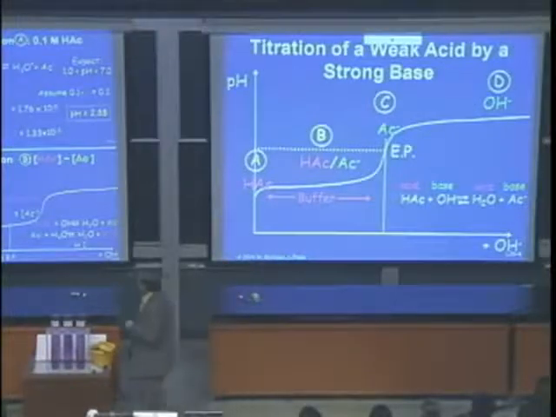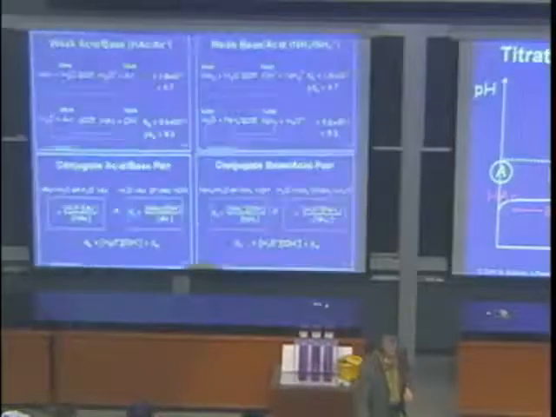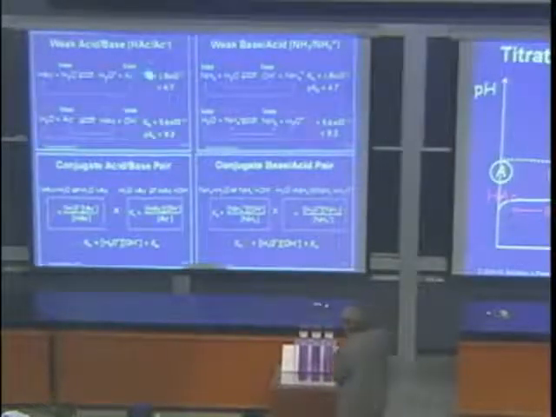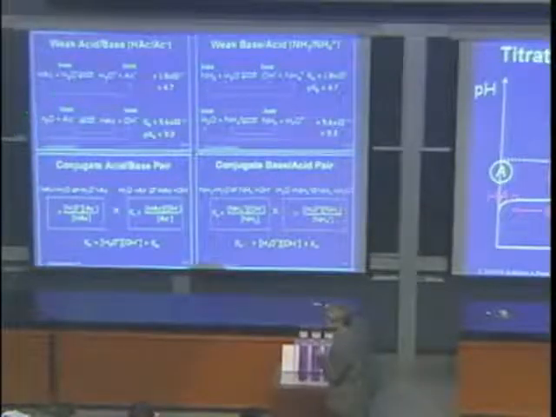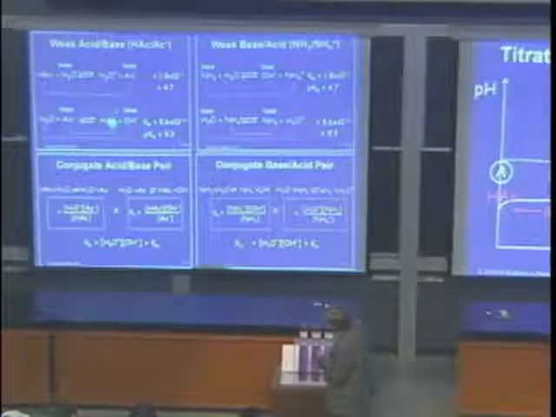The acetate ion reacts with water again, okay? Now we are at the neutral point, but there's water around, and it reacts to form undissociated acetic acid plus OH minus.